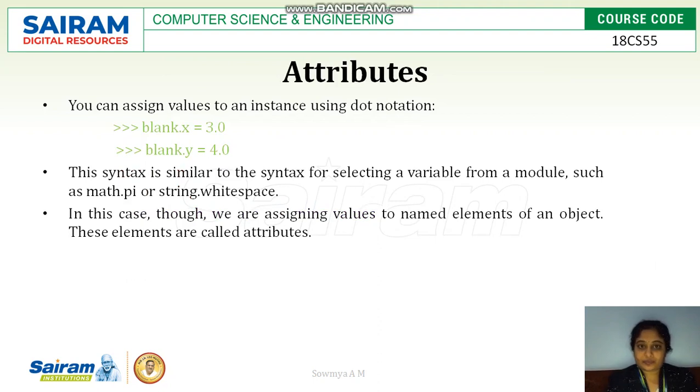So the next topic is attributes. We all saw how to create and write the class, how to write variables inside the class, and how to create an instance of a class called an object. Now you can assign values to the attributes in the class.